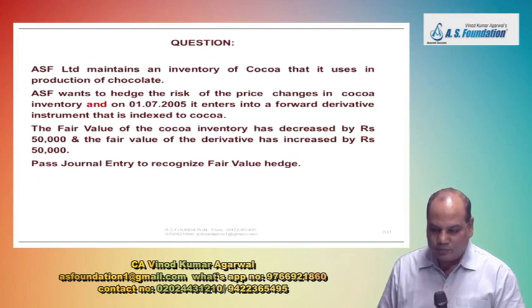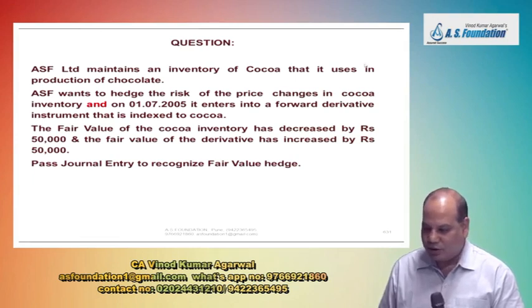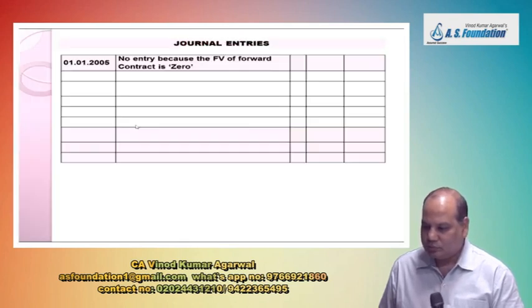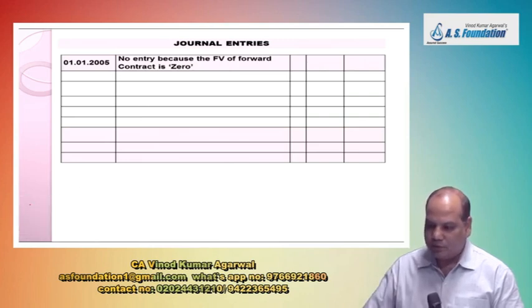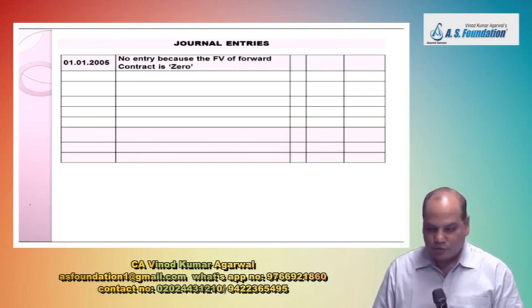So write down first, when they entered into this contract, 1st July, what is the entry you will write? No entry, because the fair value of forward contract is nil.